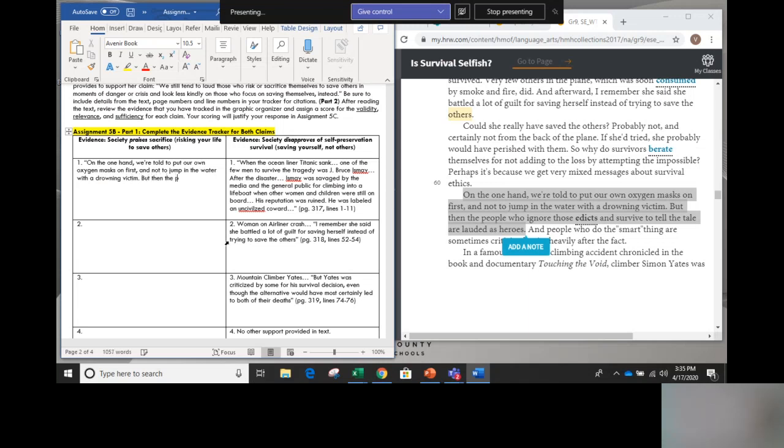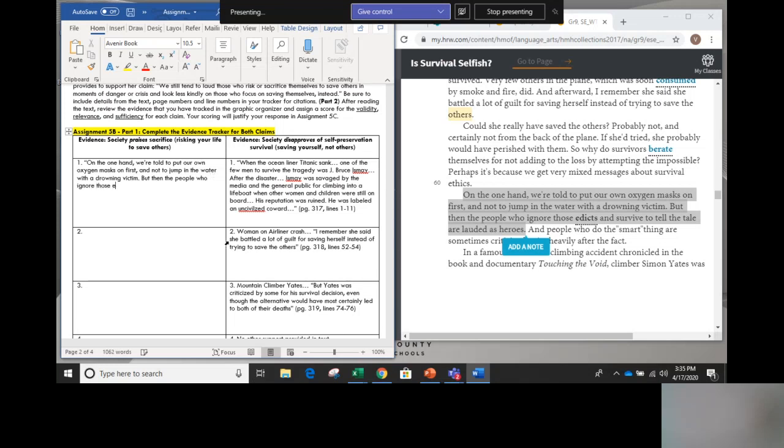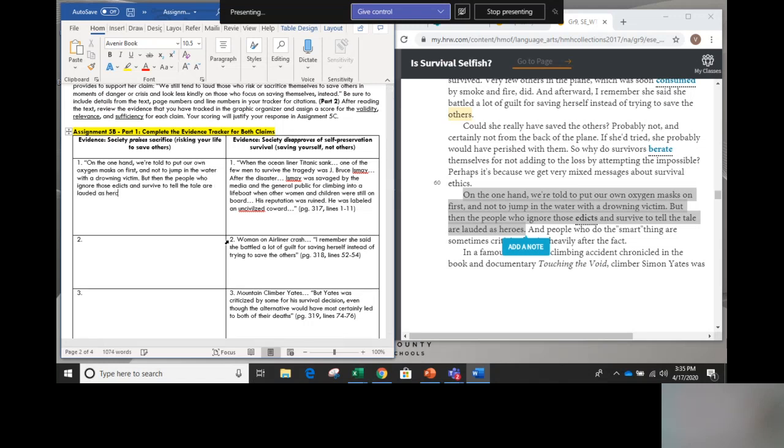But then the people who ignore those edicts and survive to tell the tale are lauded as heroes. And that comes from page 380, line 61 to 64.